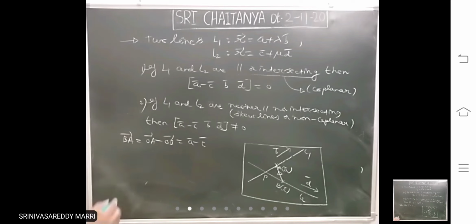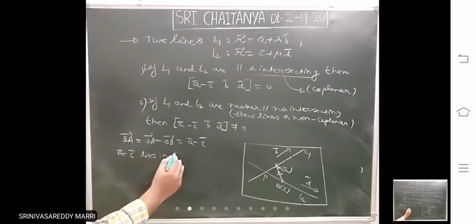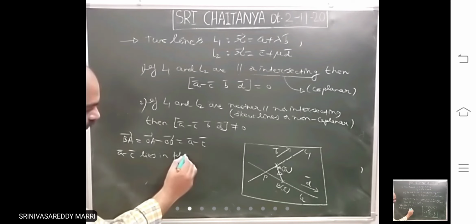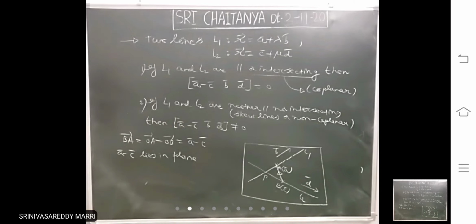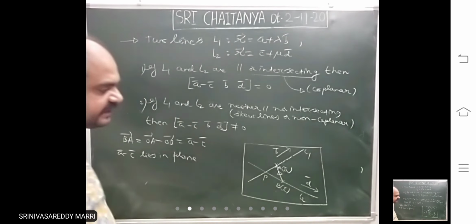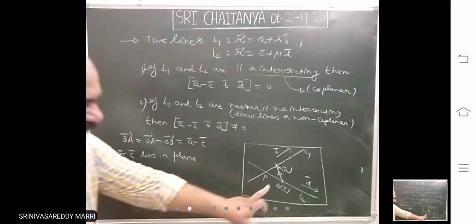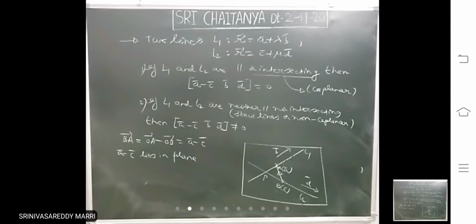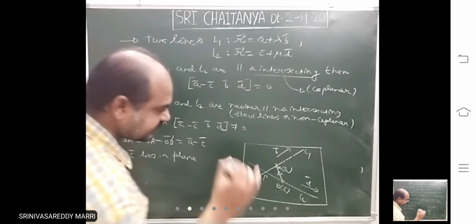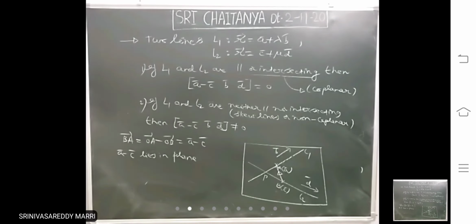That means this vector a bar minus c bar lies in the plane. This BA bar vector is on your paper only. It will not lie outside the paper, because B is on your paper and A is on your paper, which means BA bar also lies on your paper.